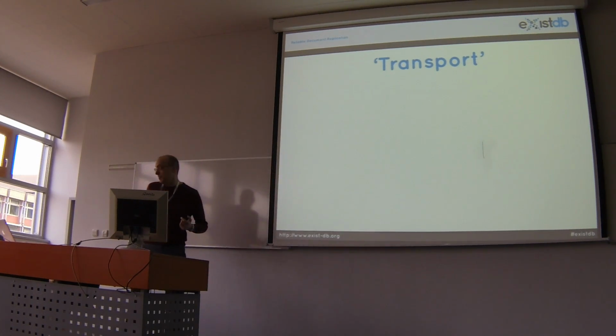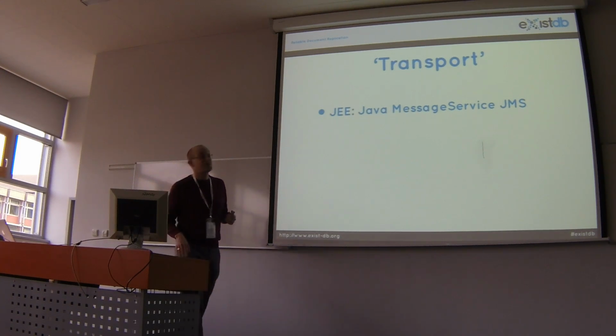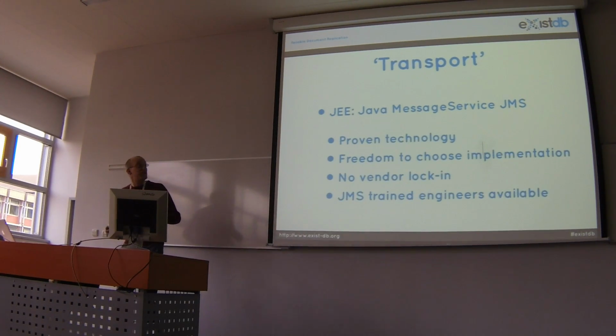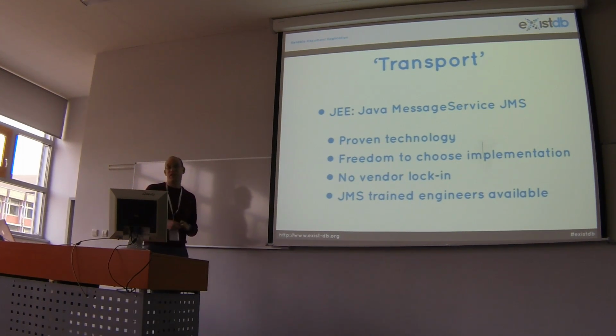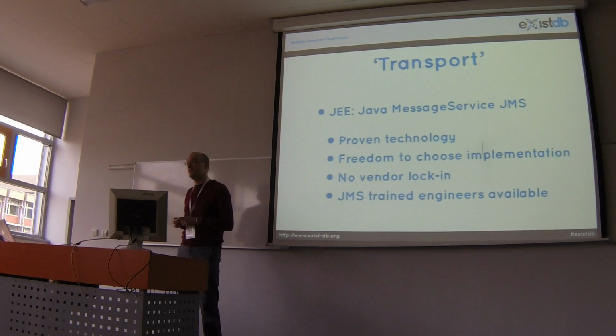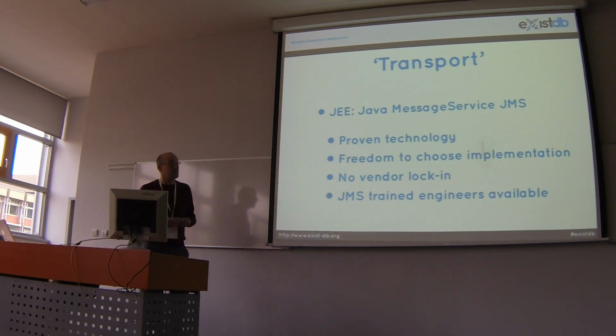So let's have a look at the Java Enterprise messaging service. And why would we choose that? Well, at least it's proven technology. You have the freedom to choose your own implementation. There are all kinds of implementations, commercial and open source. Because of that, there's no vendor locking.